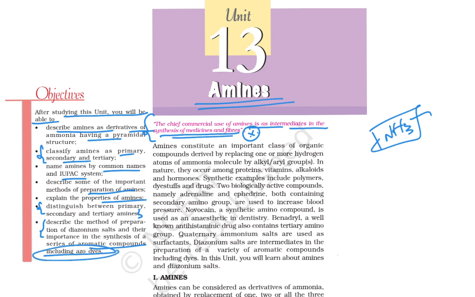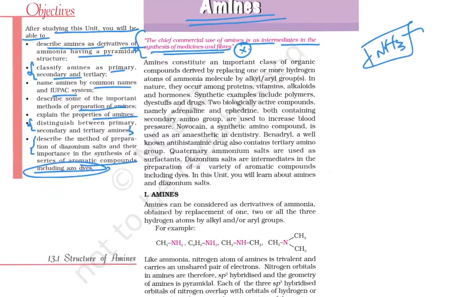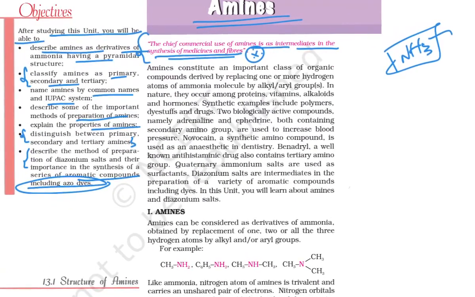dye. Okay, right. So amines constitute an important class of organic compounds derived by just replacing one or more hydrogen atoms of the ammonia molecule by alkyl and aryl groups. Let's take the example of NH3. In NH3, just remove one hydrogen, it becomes NH2.